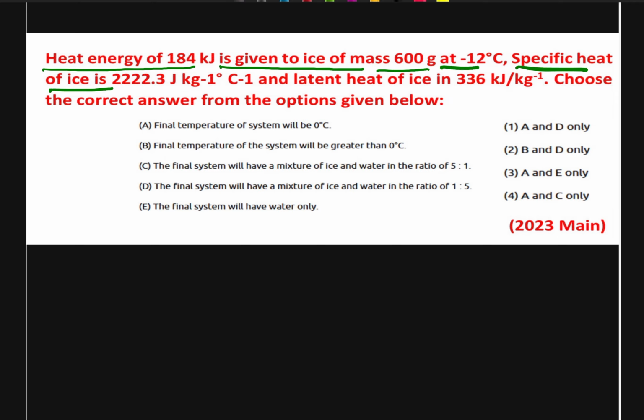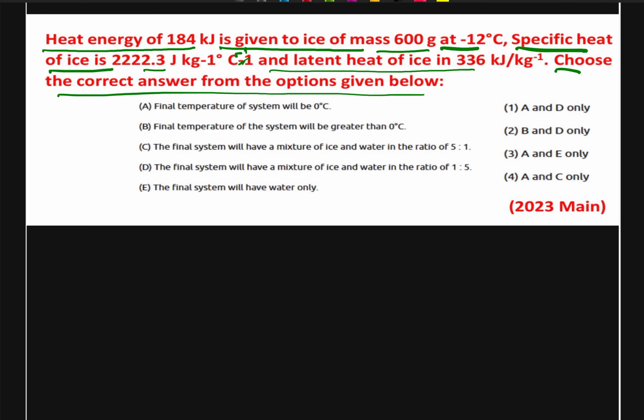Specific heat of ice is 222.3 per Kelvin, and latent heat of ice is 336. Choose the correct answer from the given options. So we have to find out the final temperature of the system, greater than, less than, and their ratio. So in this case, basically we are interested in finding out the final state of the system.